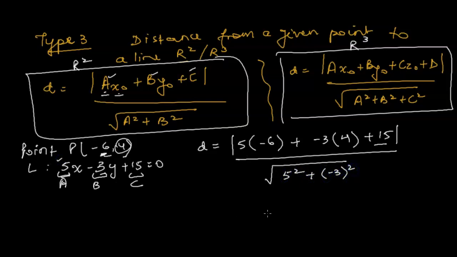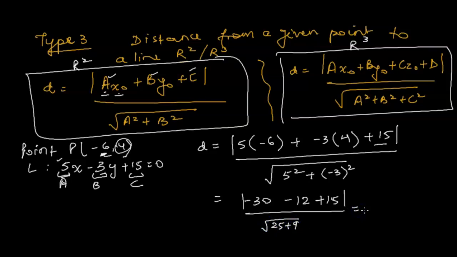The whole thing is divided by square root of a square, which is 5 square, plus minus 3 square, which is b square. When we solve this, we get 5 times minus 6 is negative 30. 3 times 4 with a negative sign is a minus 12, plus 15. Mod of this, the whole thing divided by square root 25 plus 9.